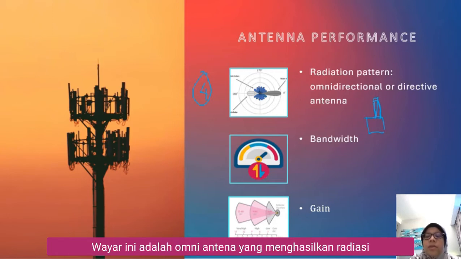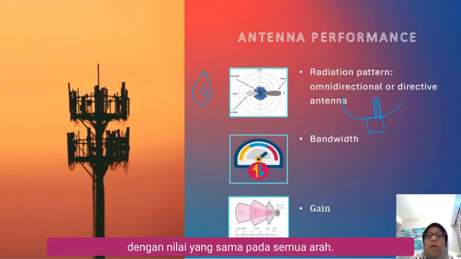This wire is an antenna, and it will radiate the power equally in all directions. While if you have another antenna, for example, represented here, you can see that the maximum radiation pattern is pointing towards 0 degree. So it means that this is a directive antenna.